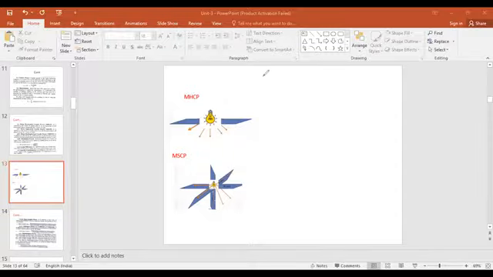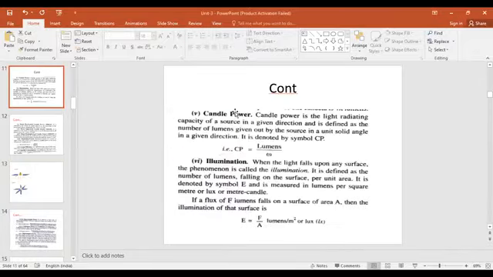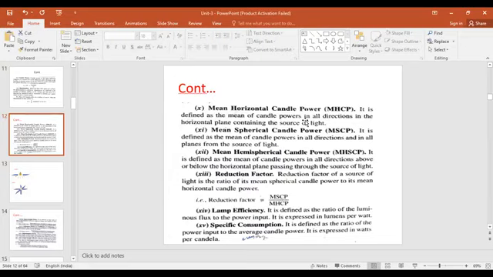Candle power is the light emitting capacity of the lamp, the light radiating capacity of the lamp, right? In one sense it is the intensity. Whatever energy comes in this horizontal plane we can calculate from this, using the polar curve. By definition, it is defined as the mean of candle power, mean meaning average: the average of candle power in all directions, but in which plane? The horizontal plane containing the source of light.